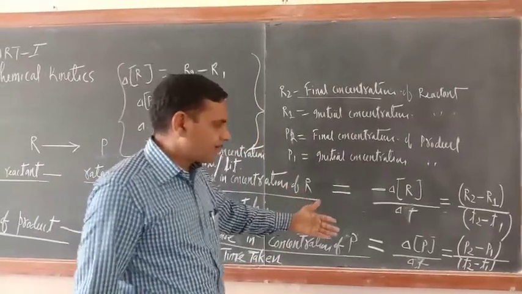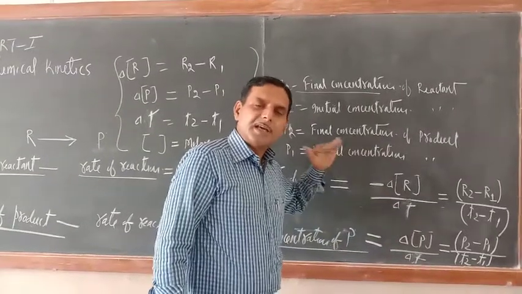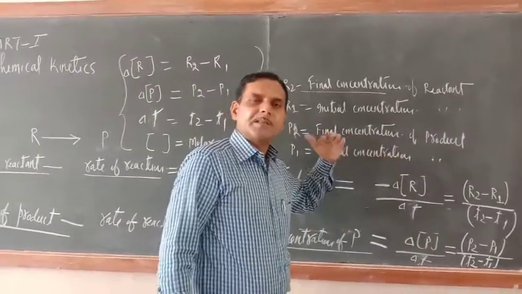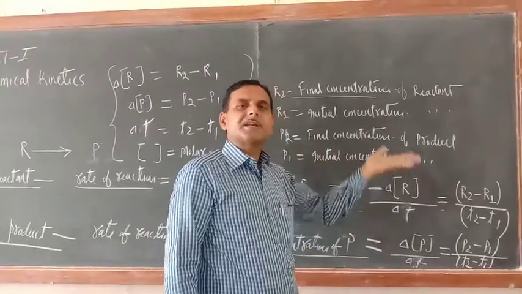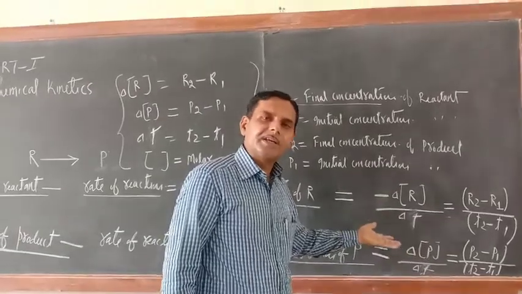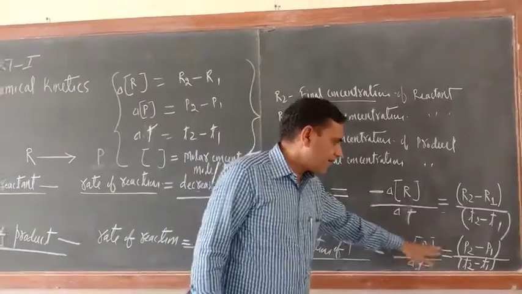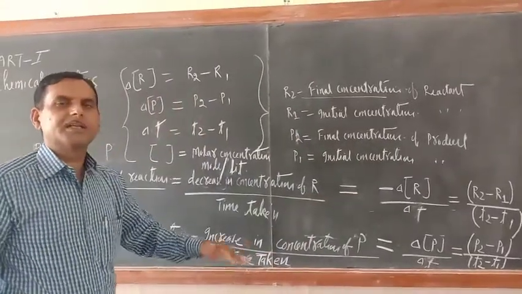What is the meaning of this? Here the positive sign will be there, because in any chemical reaction with the passage of time, the concentration of product increases while the concentration of reactant decreases. That is why here it is P2 minus P1 divided by T2 minus T1.